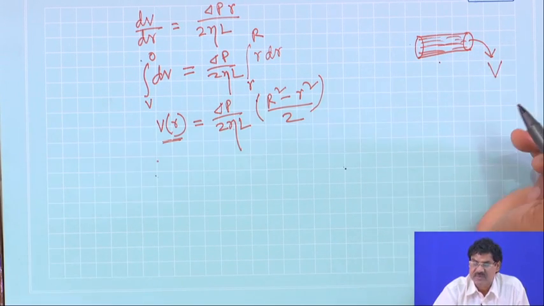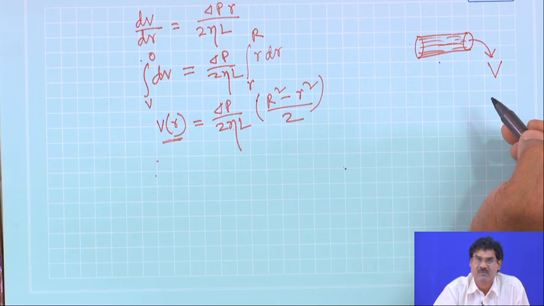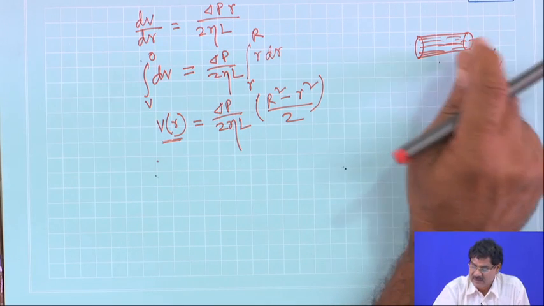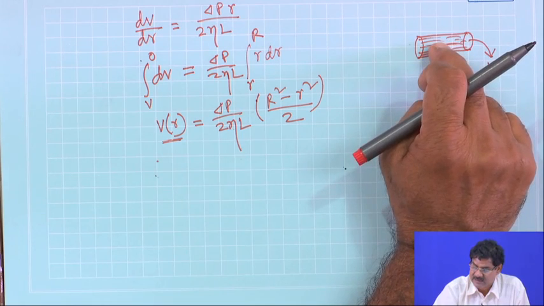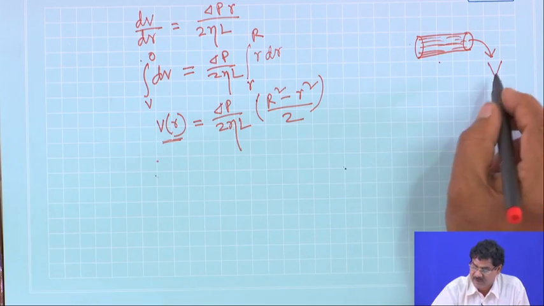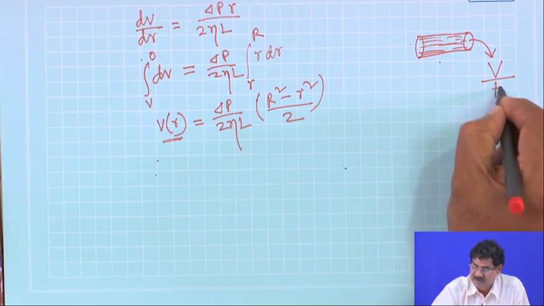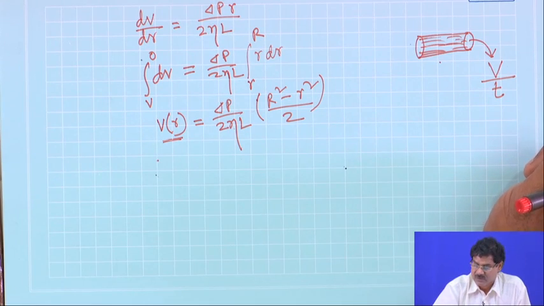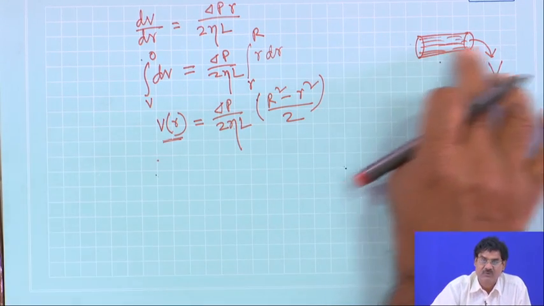say V is the volume, and you collect the water in time t. Okay. So, water is flowing through this tube.